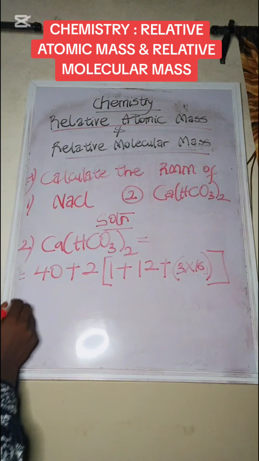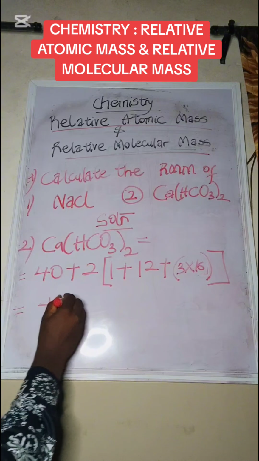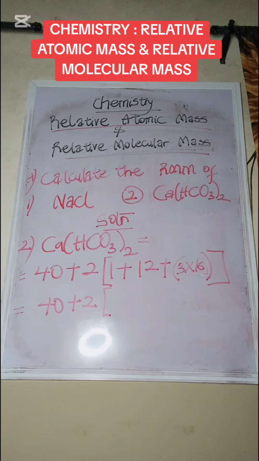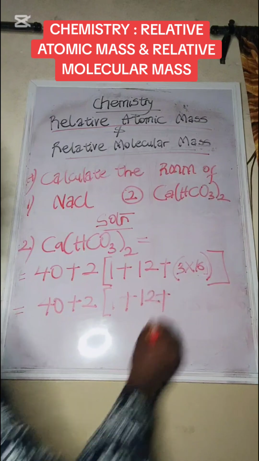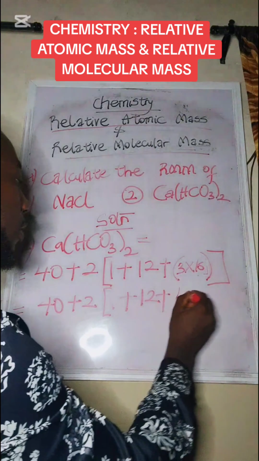This equals 40 plus 2 into 1 plus 12 plus 3 times 16, which is 48.